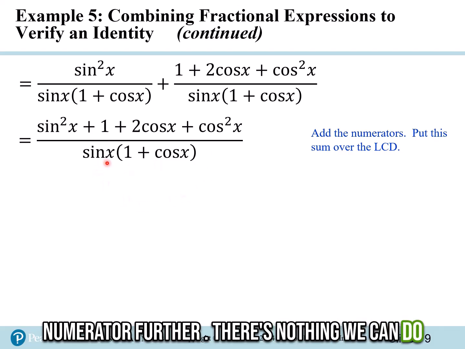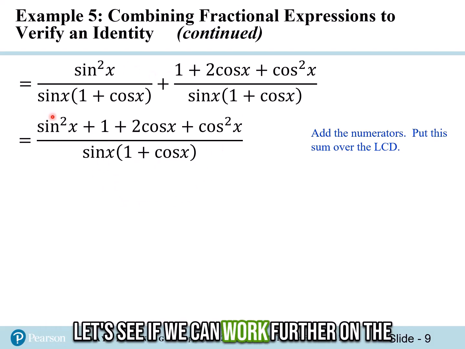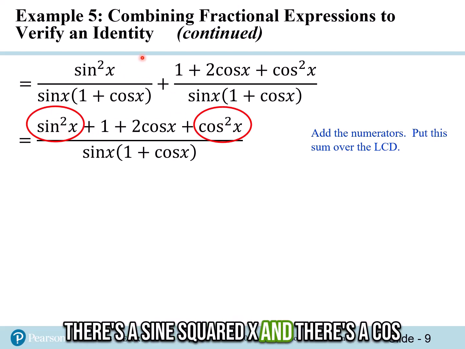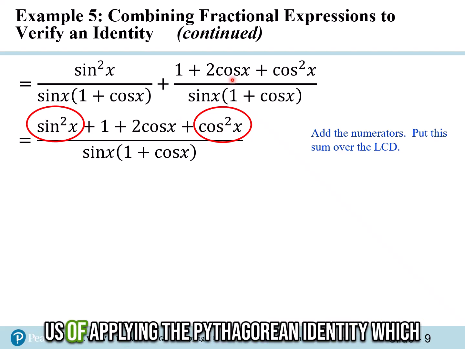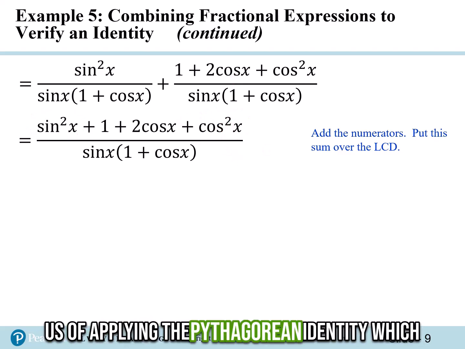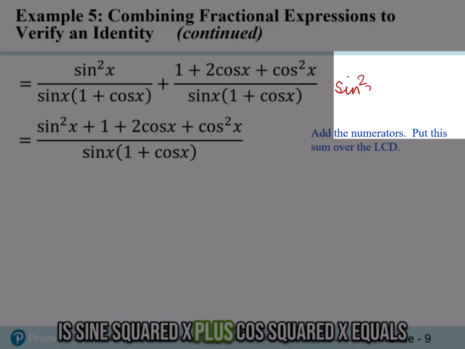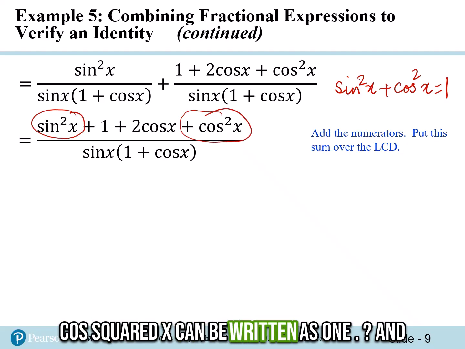There's nothing we can do with the denominator at this point. However, let's see if we can work further on the numerator. If you look at the terms, we see there's a sine squared x and there's a cos squared x, and that should immediately remind us of applying the Pythagorean identity, which is sine squared x plus cos squared x equals 1. Therefore, these two can be written as 1.